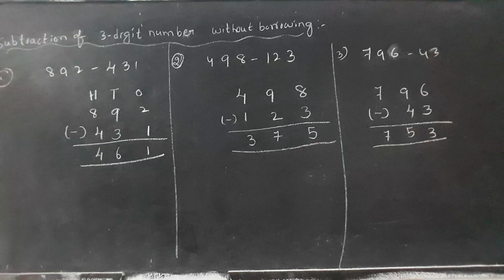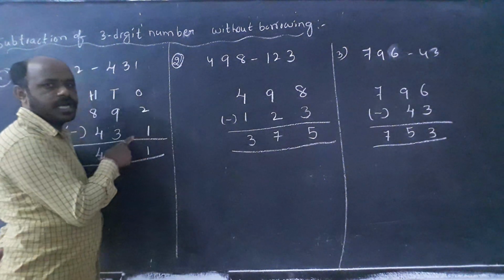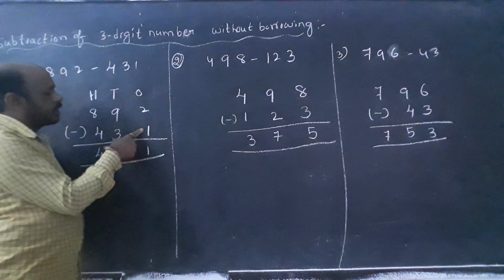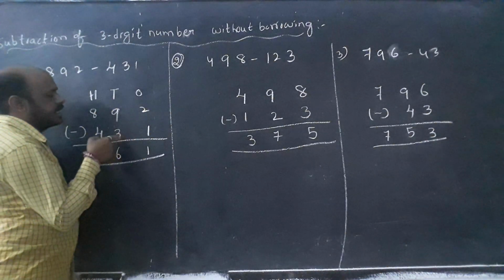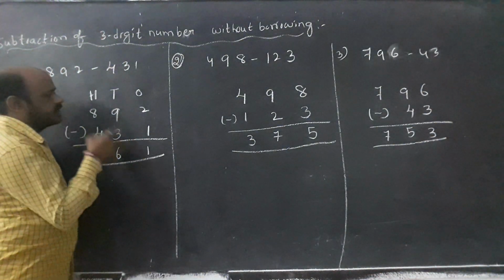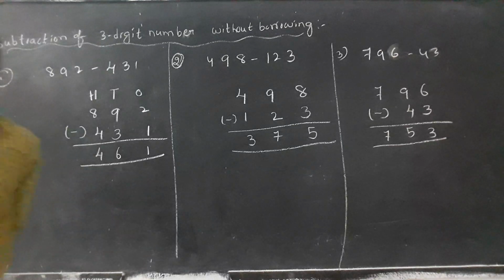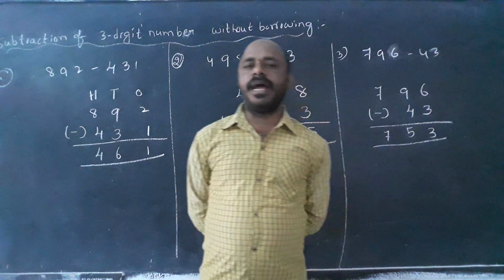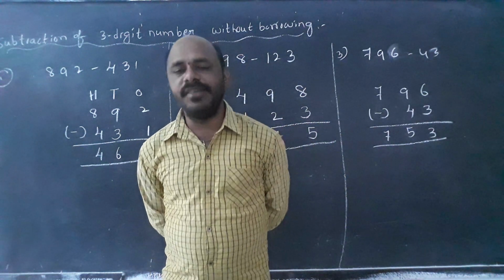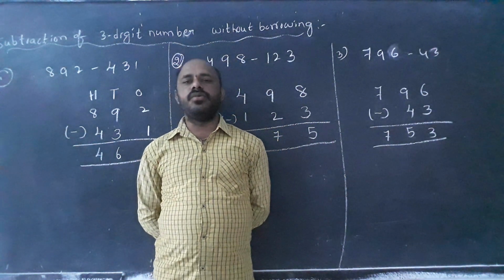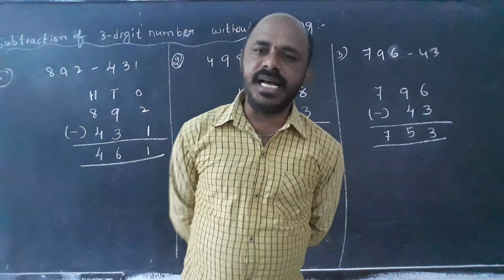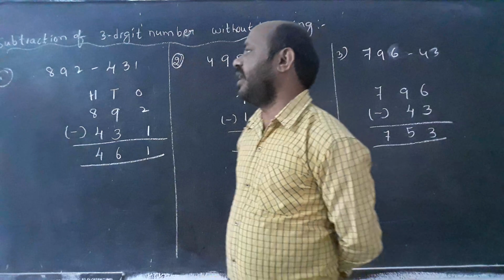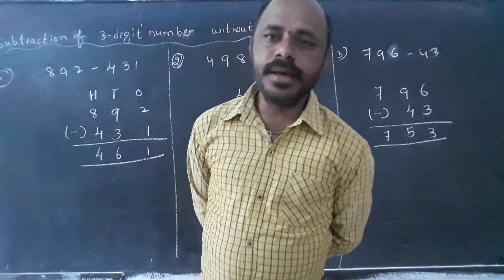First the ones place, then the tens place, which is lesser than the hundreds place, and last the hundreds place. Addition is also done from right to left, and in the same way subtraction.